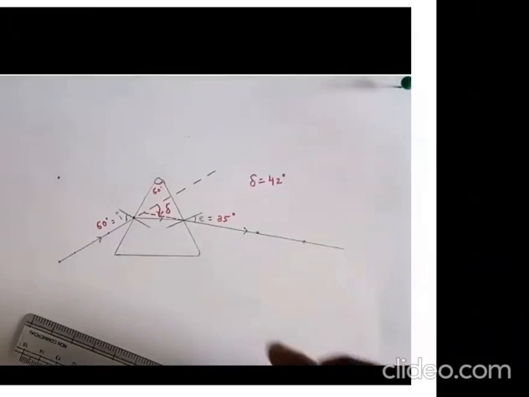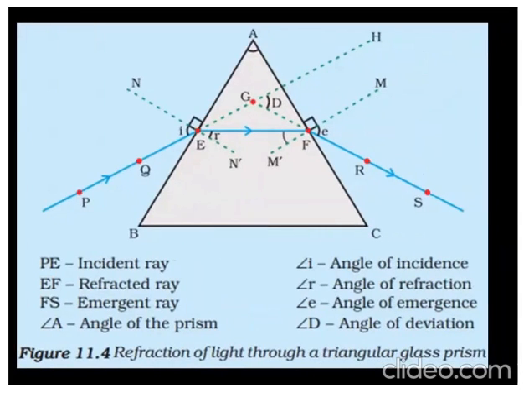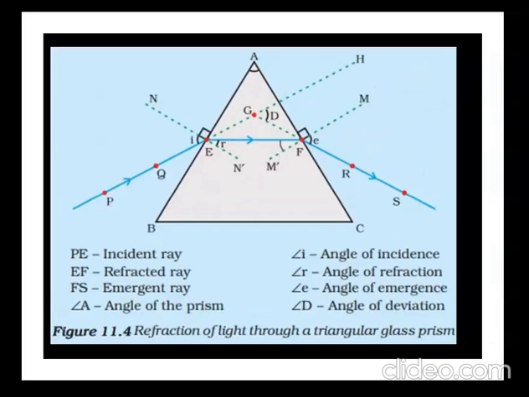So these are the measurements that we have done, and this is your NCERT diagram, and here we can see that this is the incident ray. This is green color, black color is your normal, right beta? Angle between the incident ray and normal is angle of incidence.